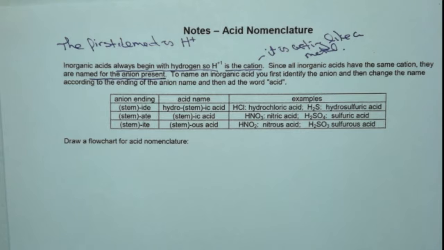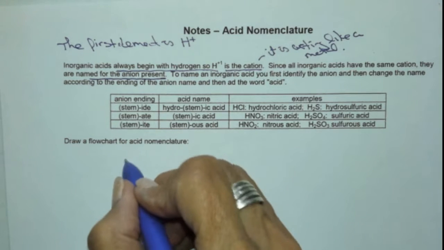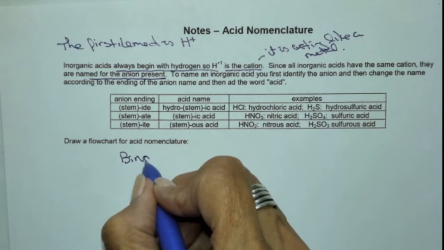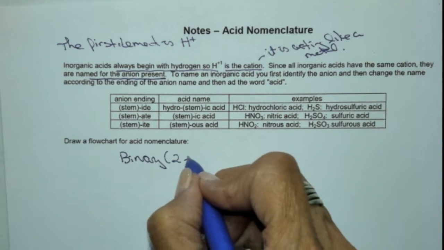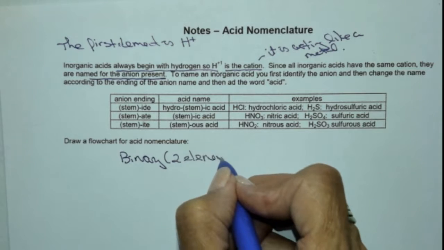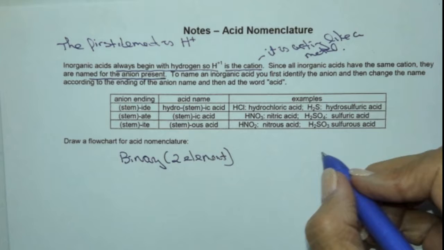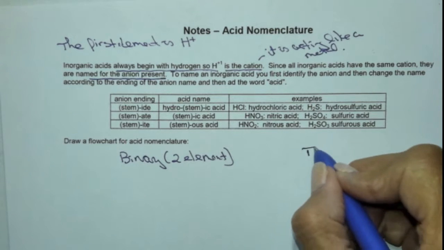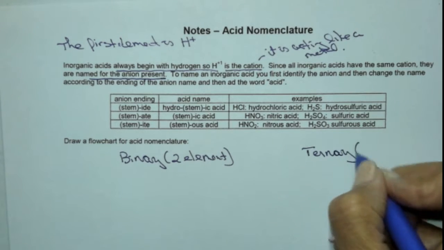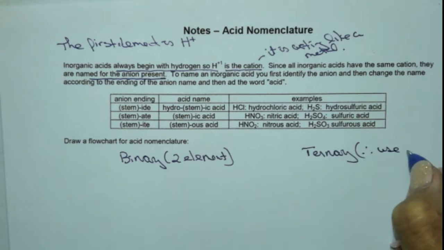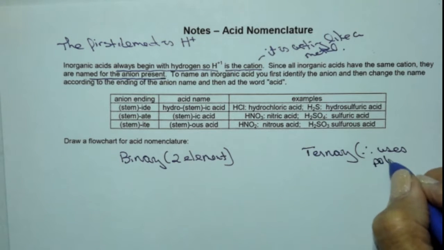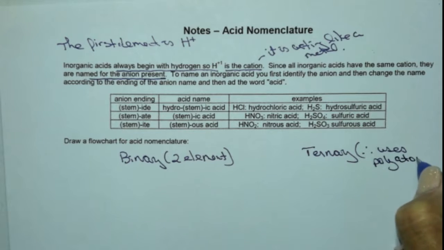As a rule, I look at my compounds and determine if it is binary, two elements, or if it uses polyatomics.